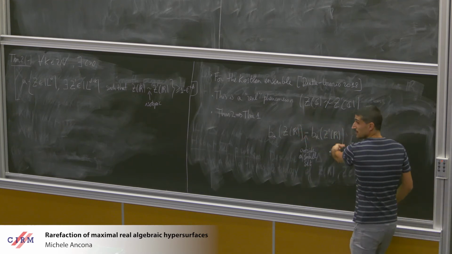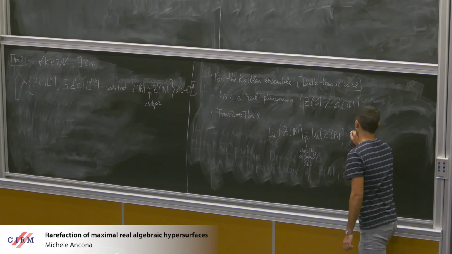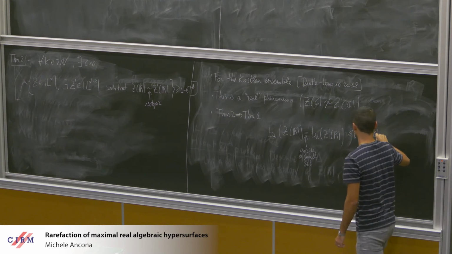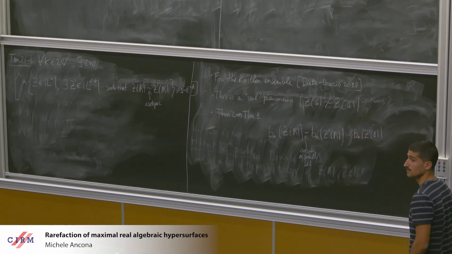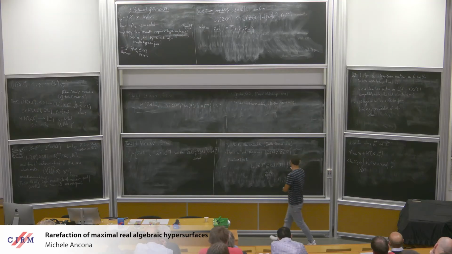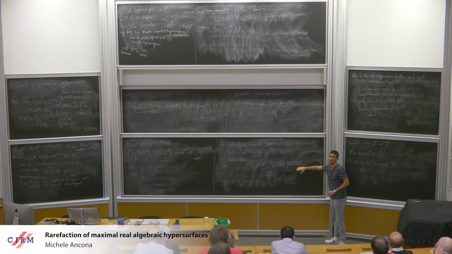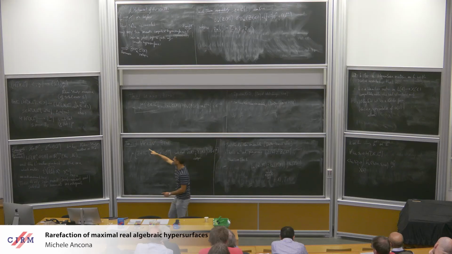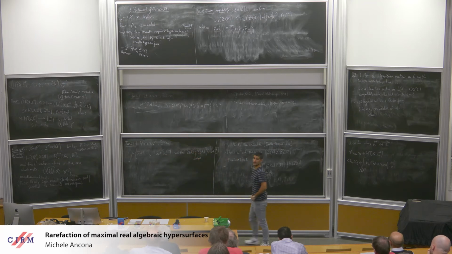Then we use the Smith-Thom inequality for Z prime. And then again, we have a formula for this total Betti number. And this is just a game. We have to choose the right k, which works for the A we are fixing in theorem 1.